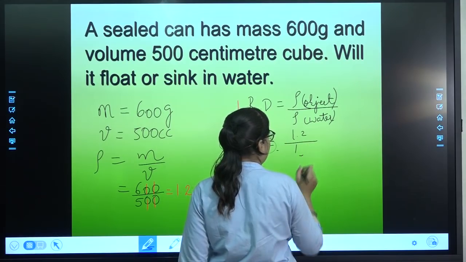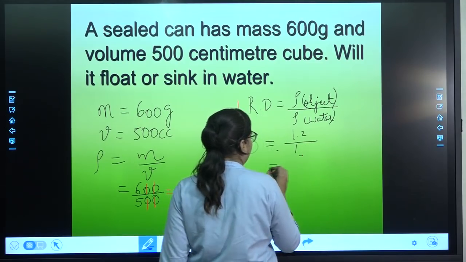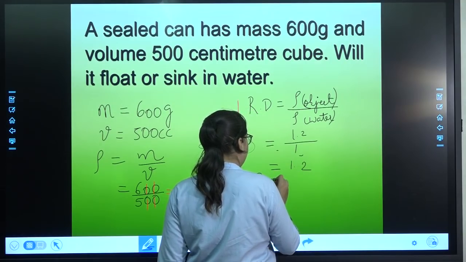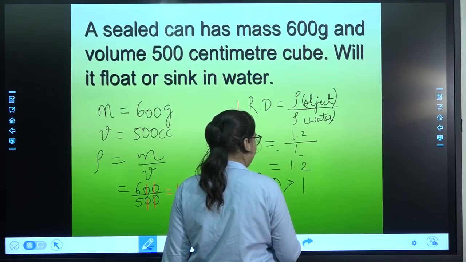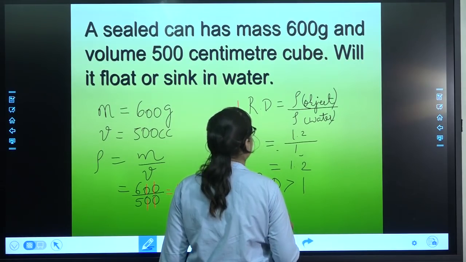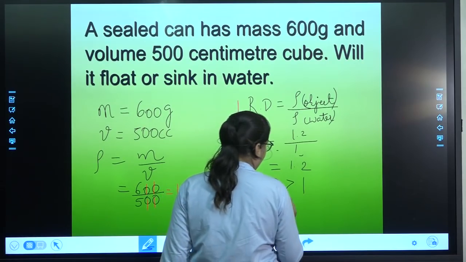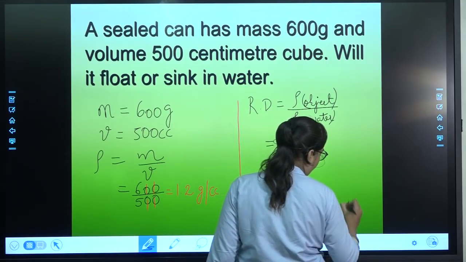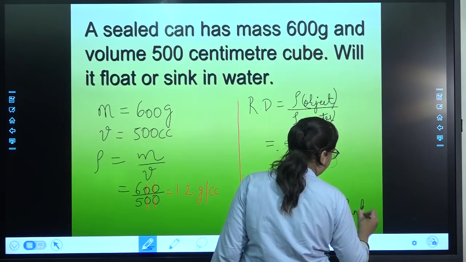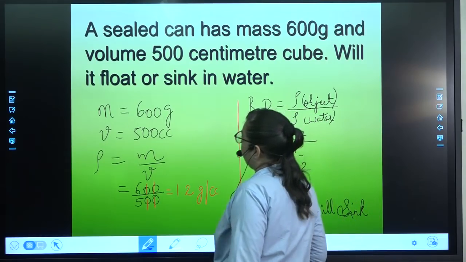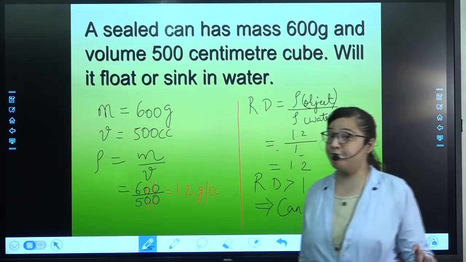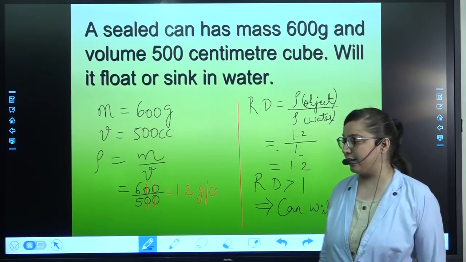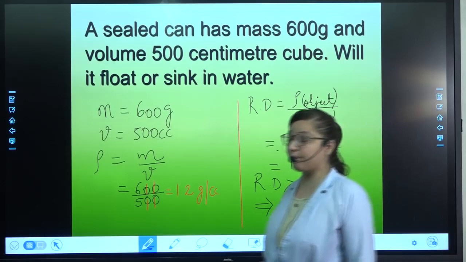It is 1 gram per centimeter cube. 1.2 upon 1, which is 1.2. If the value of relative density is greater than 1, then the object will sink. So, the can will sink. Alright. This is how you have to decide whether the object will float or it will sink. Note it down quickly.